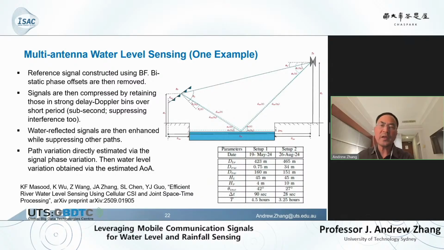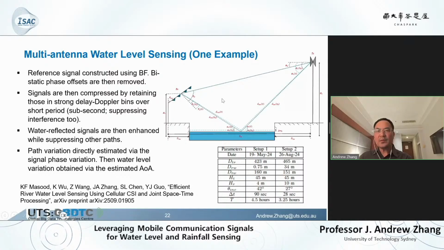Here I just show you one example of how we can explore the potential of multiple antennas for water level sensing. For example, we can construct a reference signal by using beamforming techniques. Then we can remove the phase offsets. We can further compress the signals by extracting strong delay Doppler beams over a short period, because the water level variation is relatively small, right?